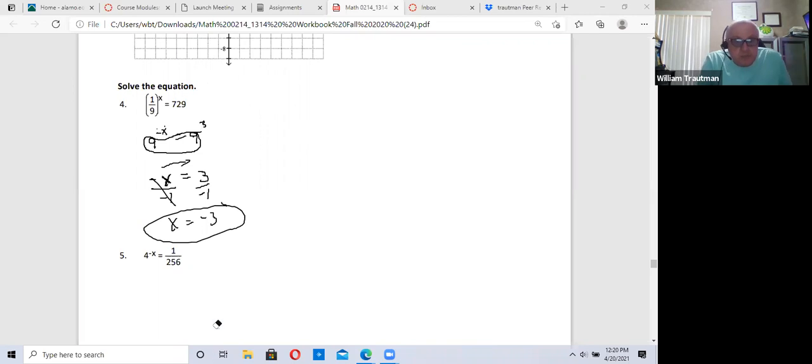On the next one, we have a power of 4. And 256, if I flip it, then I have a power of -1, because right now it has an invisible power of 1. But if you flip it, then that power has a negative.